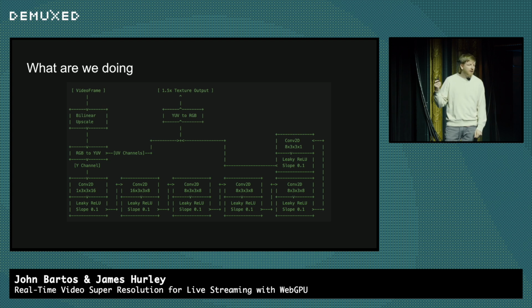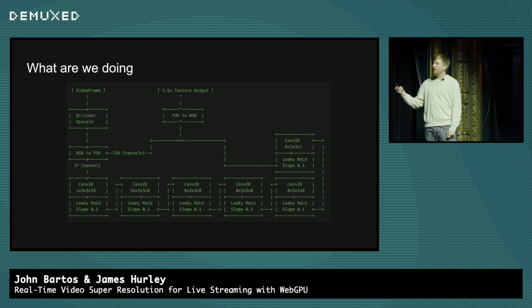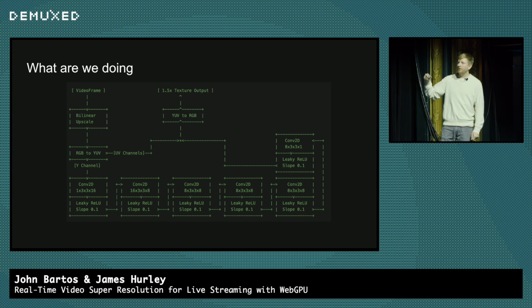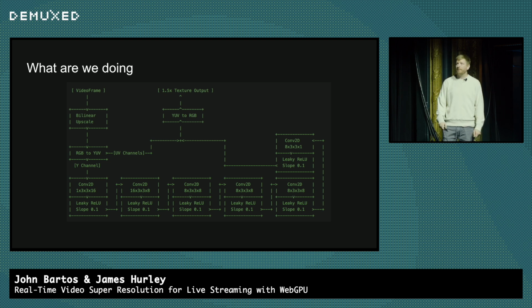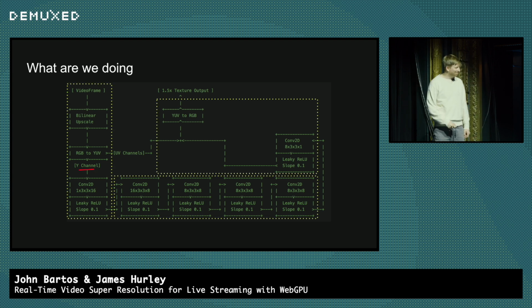What you can see here is a bilinear upscale step, followed by an RGB to YUV conversion, which is somewhat unfortunate. But we take the Luma channel, run it through a small CNN, and that does a refinement step on what we've upscaled with bicubic, or bilinear. We use bilinear because it's cheap.